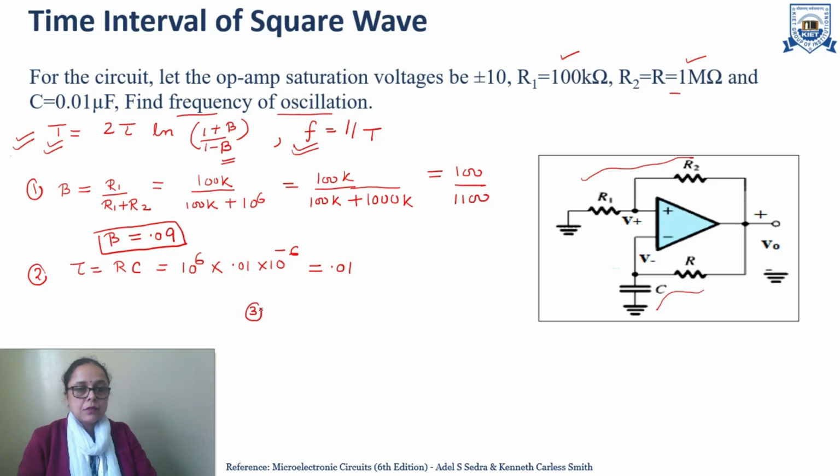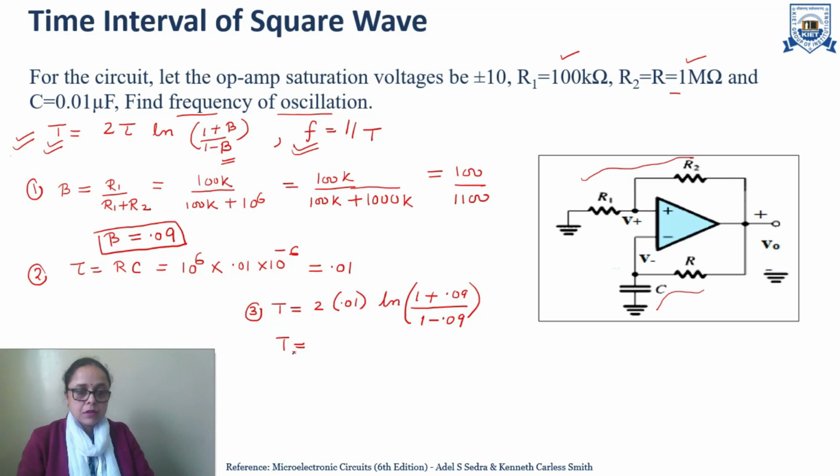Now, at last we will put all the values. So, T will be 2 times tau, the value of tau is 0.01, ln of 1 plus beta, which is 0.09, divided by 1 minus 0.09.